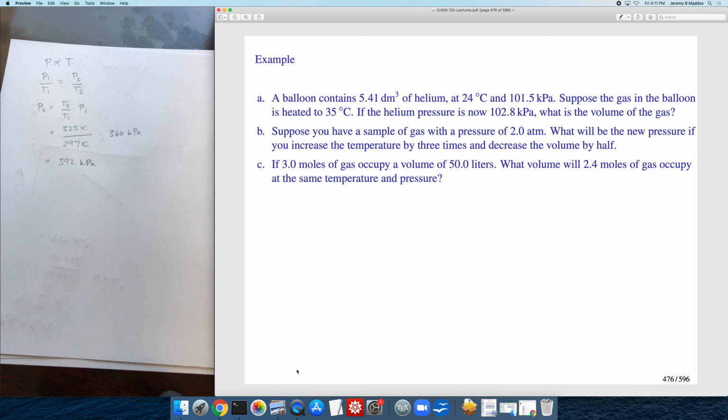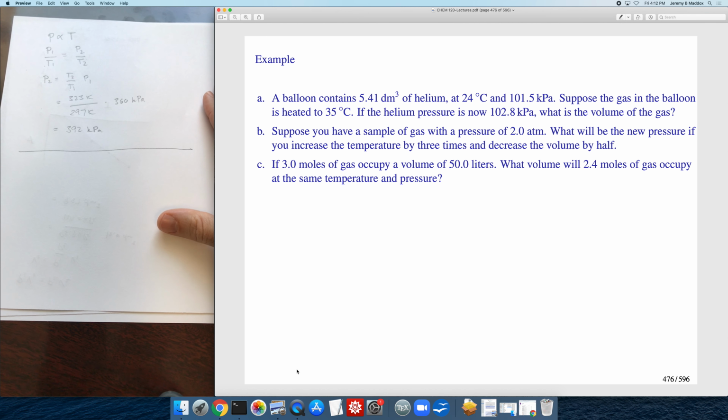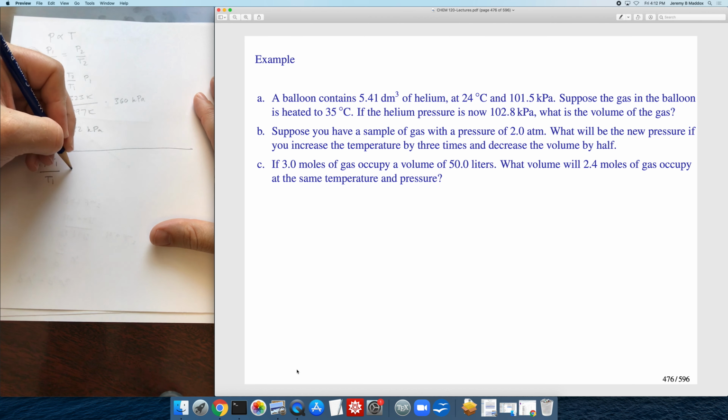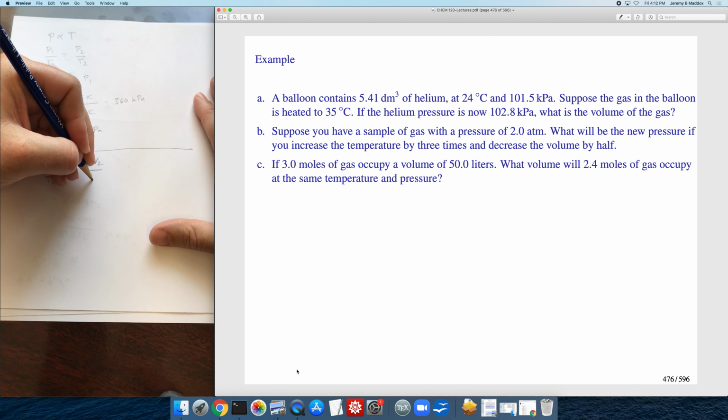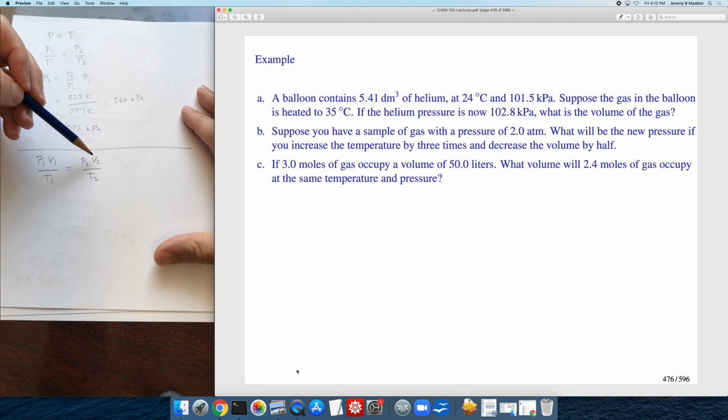And then they want to know what's the volume of gas. So this problem is an example of the combined gas law. Both pressure, volume, and temperature are changing, and so we need to use this equation and solve for the final volume, V2.